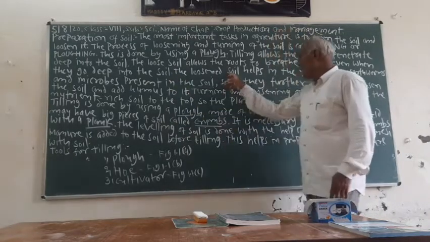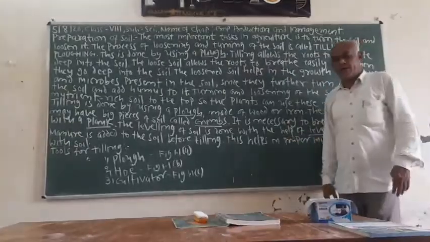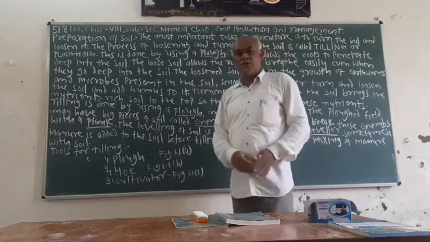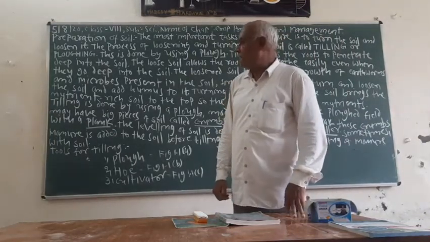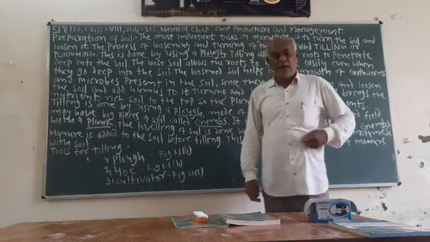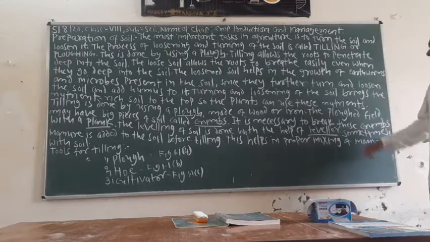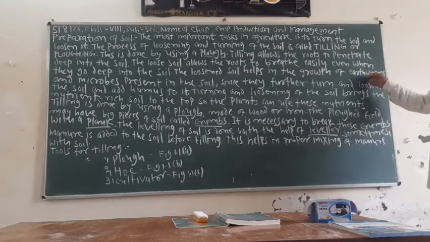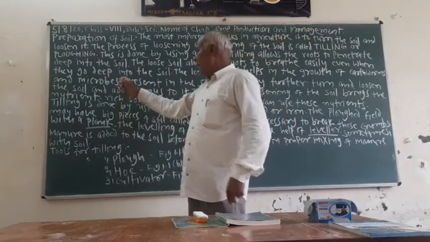The loosened soil helps in the growth of earthworms and microbes. If the soil is loosened by the process of tilling, it allows the earthworms, which are friends of the farmer, as well as microbes to grow.